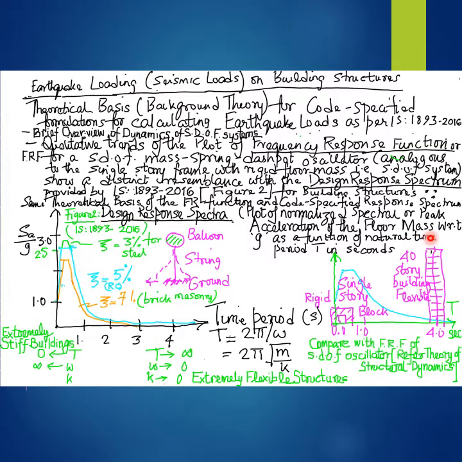The building frame that is extremely flexible, for example, the 40-story building frame exhibited on the right hand side of the spectrum, does not exhibit any significant motion because of its extreme flexibility or extremely long time period, as in case of this balloon on a string system.